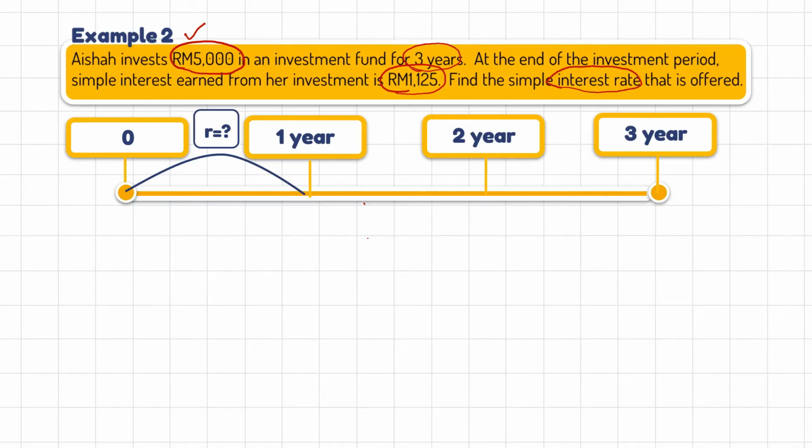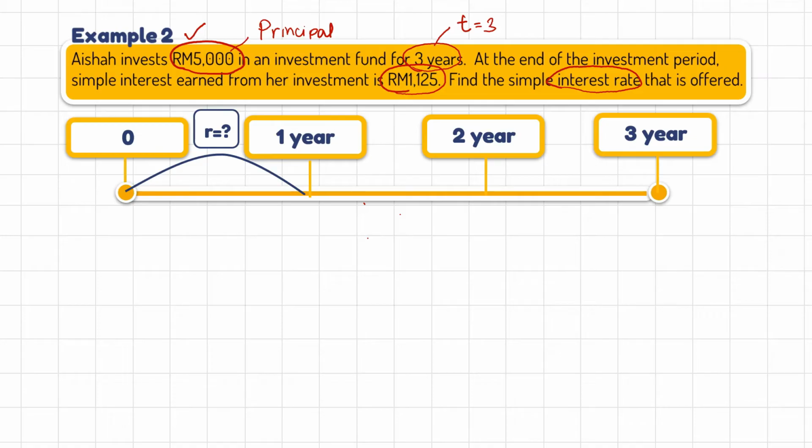Before we look at the timeline given, let's simplify the information that we have. First, we have 5,000 ringgit. Since 5,000 ringgit is the one that Aisha invests, this is our P, principal, equals to 5,000 ringgit. Then here we have 3 years, which is our T, equals to 3.